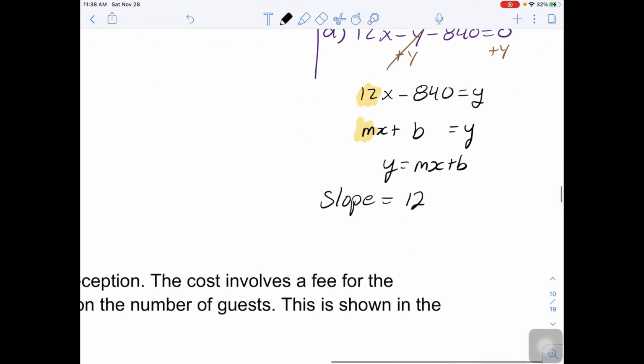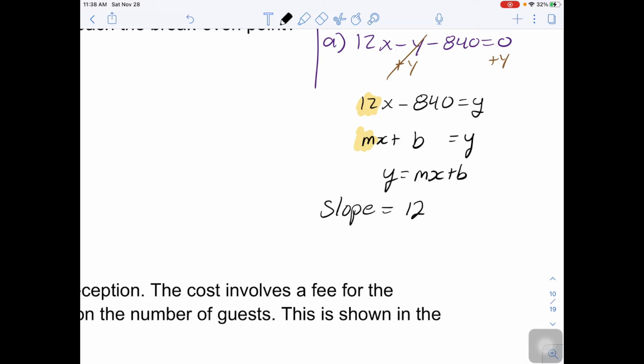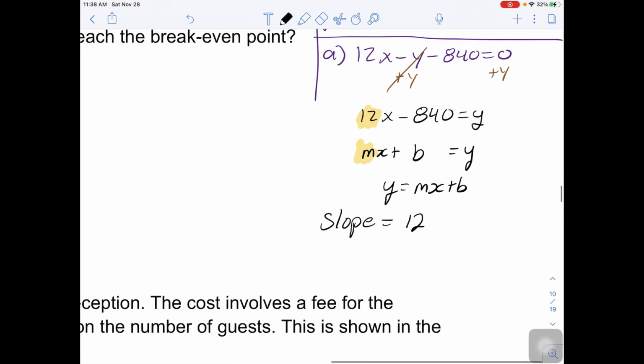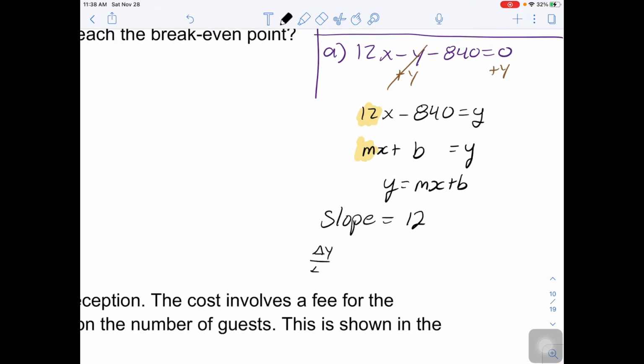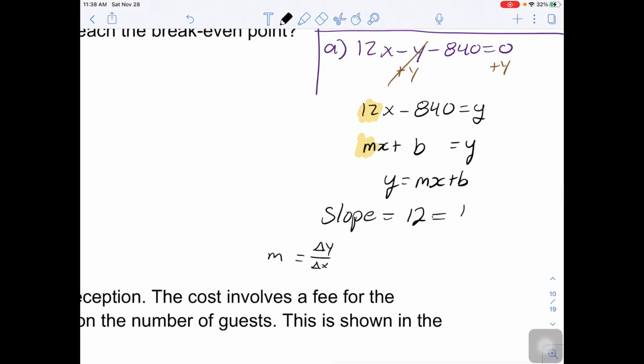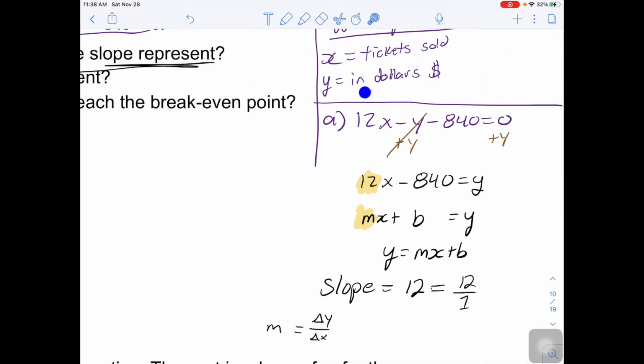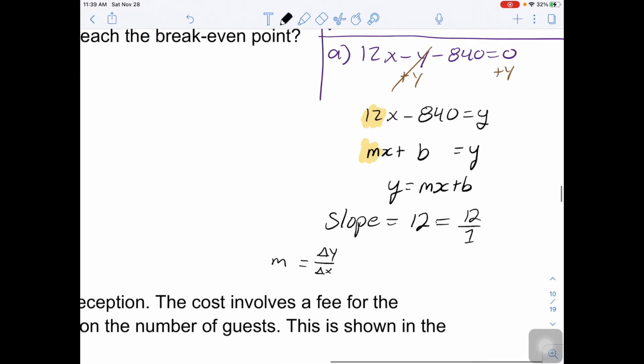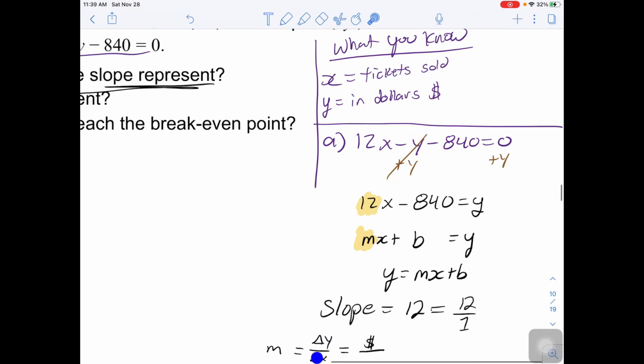Well, here, slope, remember, it is the change in y over the change in x. Okay, we can imagine a 1 on the bottom here. Now remember, what do our y values represent? Well, our y values were dollars. So this is the change in money over, and what were our x values? Our x values were the tickets sold.